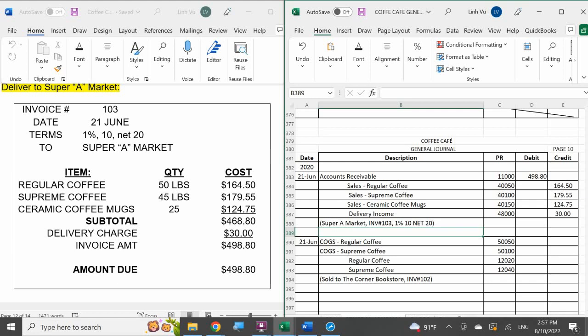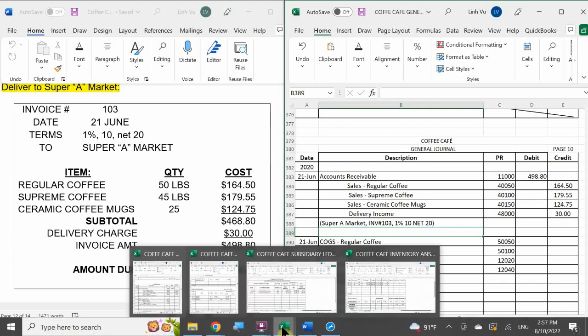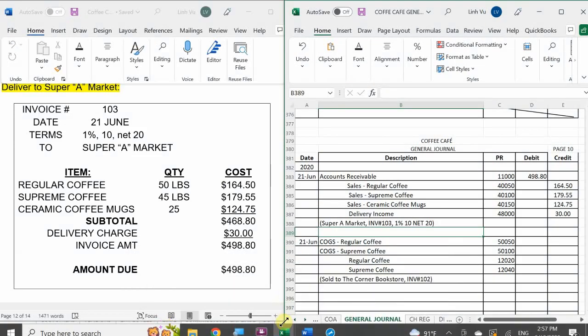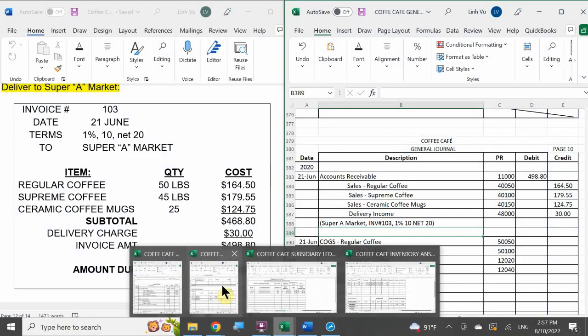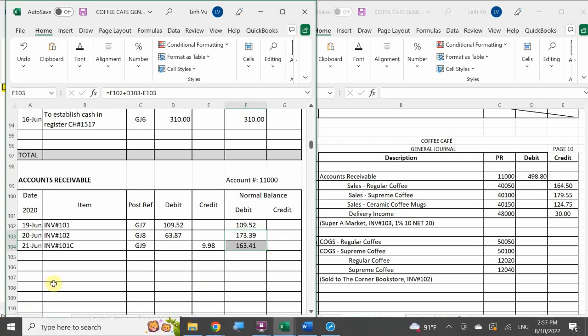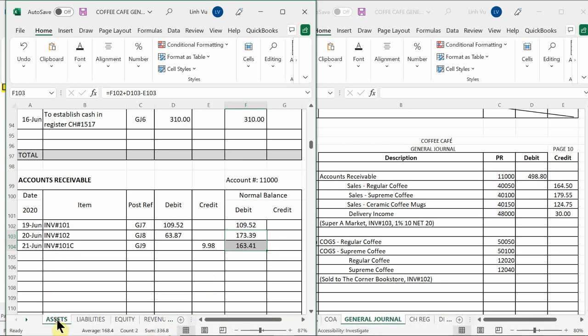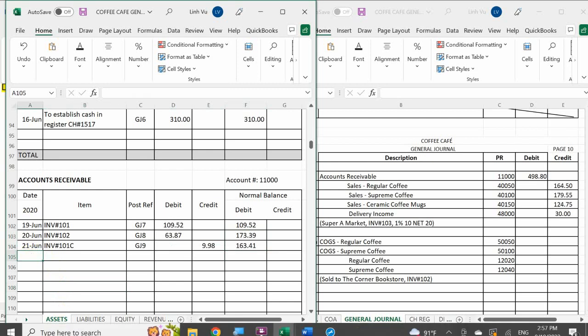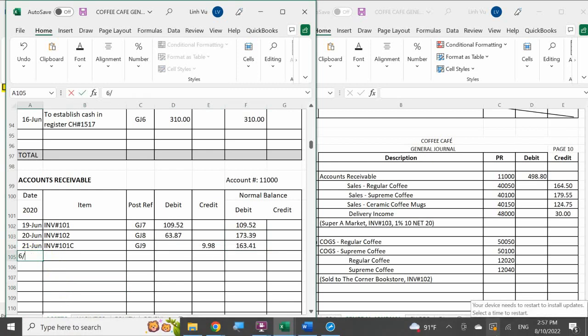And so now we go to the general ledger. Okay. And then first is asset, under accounts receivable. We are already there.